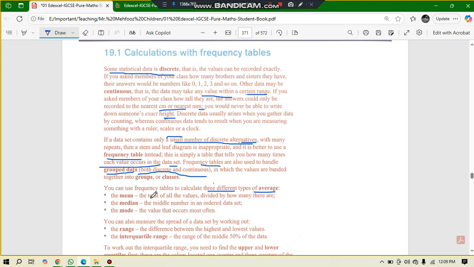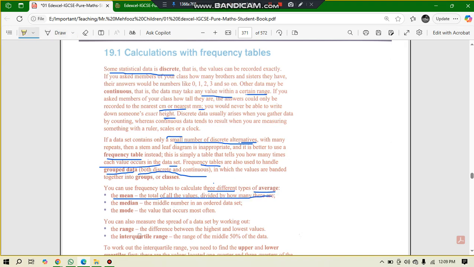First, the mean is the total of all values divided by how many there are, right? So this is the definition of mean. Any problem in the definition of mean?